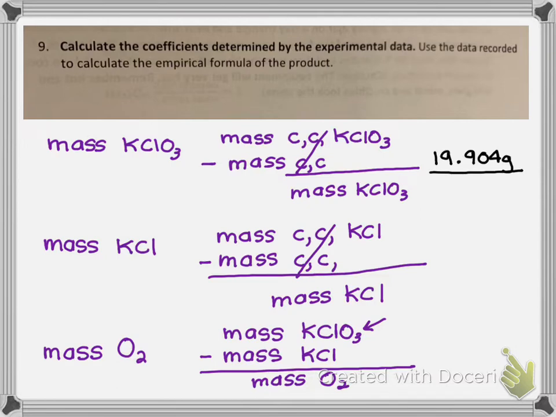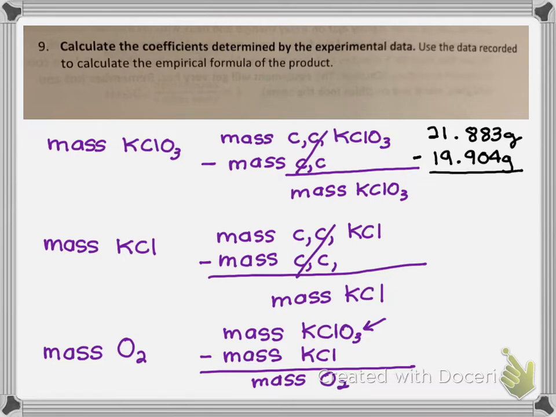And then I recorded the mass when I included the almost 2 grams as 21.883 grams on my data. So now if I subtract these 2 numbers, I have the mass of the potassium chlorate.